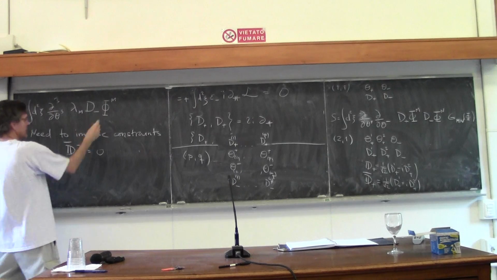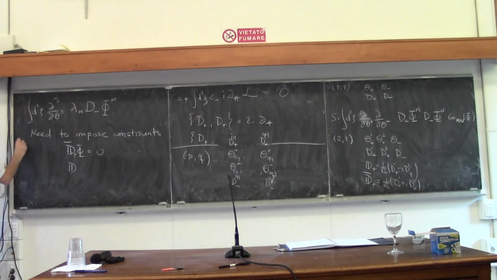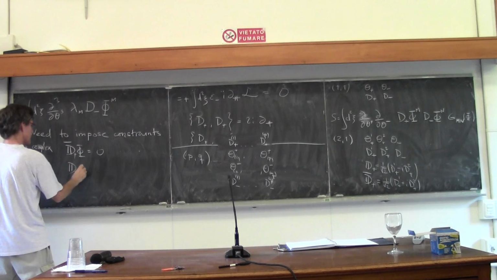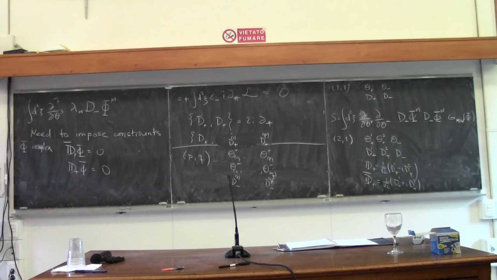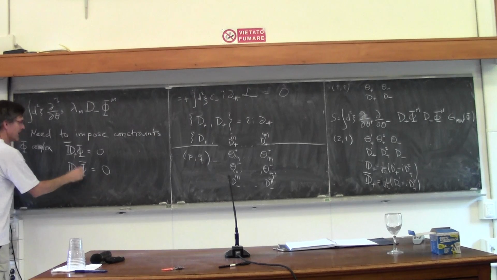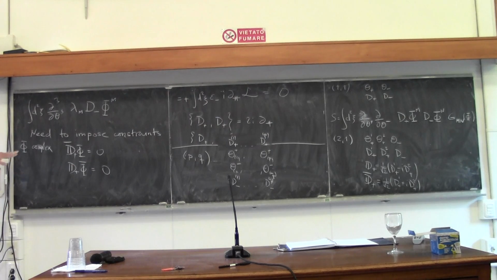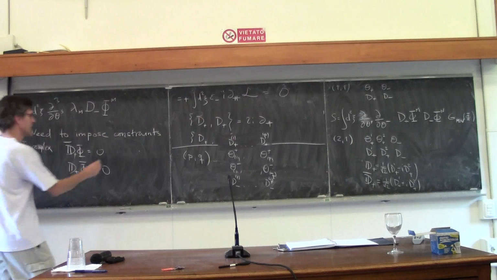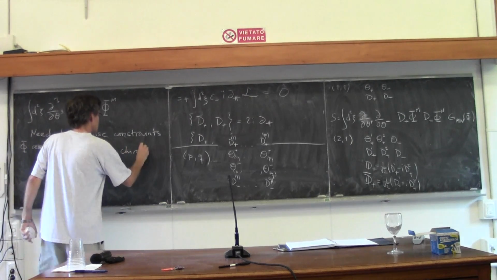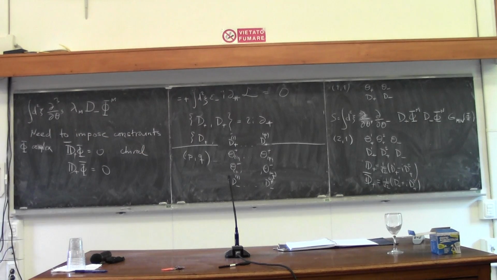So first, instead of having real superfields, we assume that they are complex and that the phi's are annihilated by D bar, and the phi bars are annihilated by D. And such superfields are called chiral.